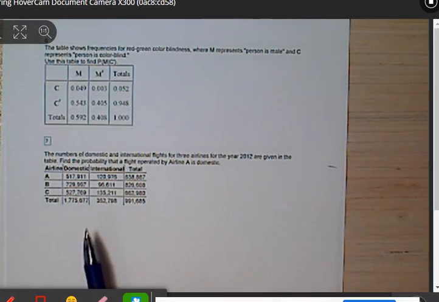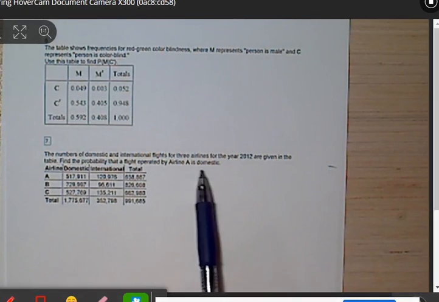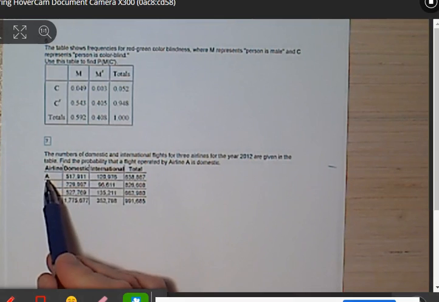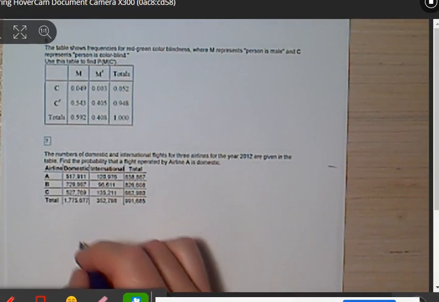It says find the probability that a flight operated by airline A is domestic. So for that one, we know we've got to find the intersection of airline A and domestic.